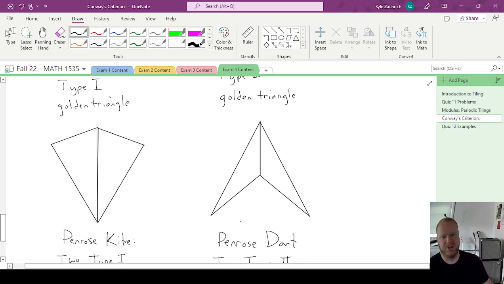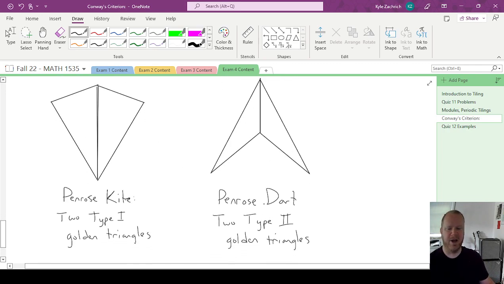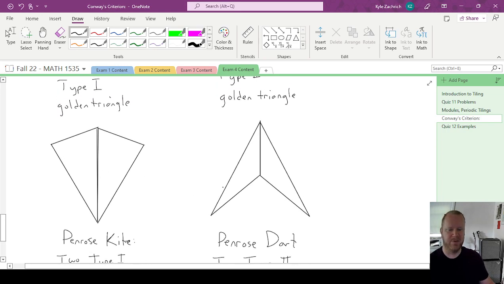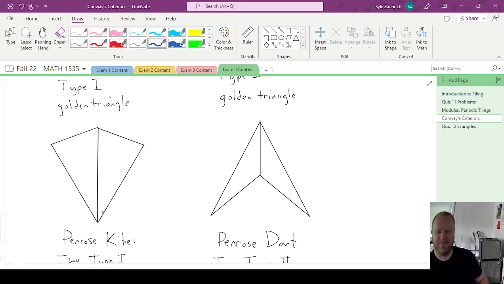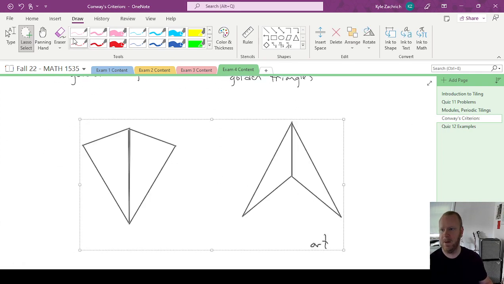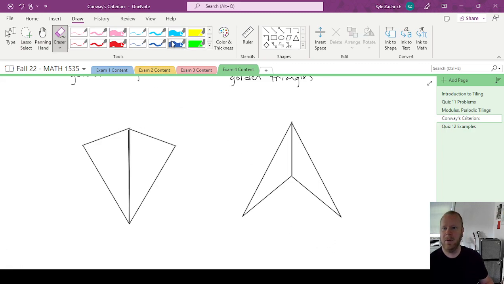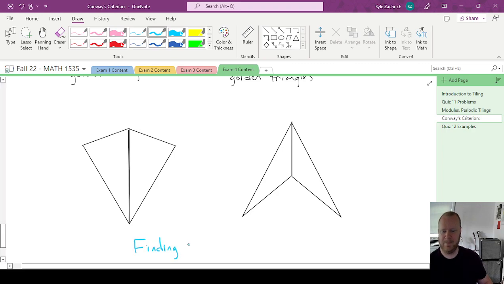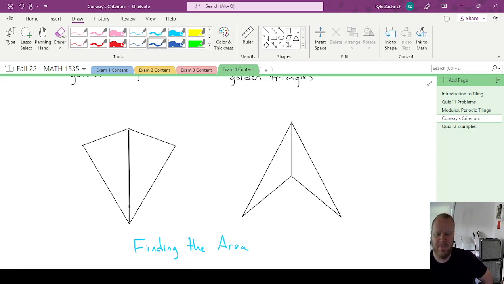The types of questions that they'll commonly ask you are, what's the area of this Penrose kite or this Penrose dart? That's just an extension of what we did with the golden triangles, finding the area. For this one, I'll copy these two entities. We'll call this finding the area.